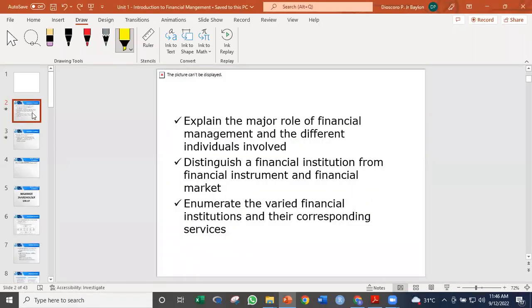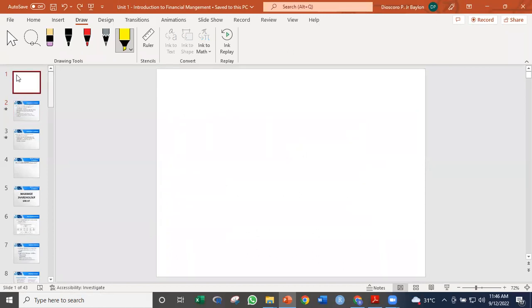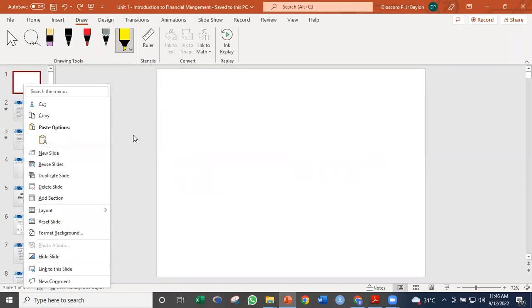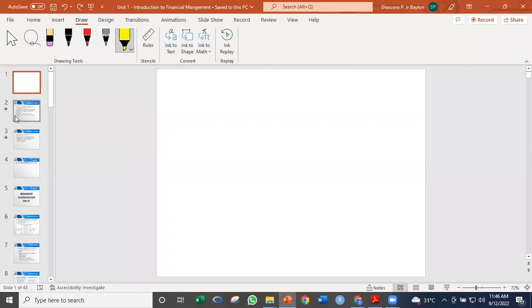Okay, sana hindi mag-hang. Minsan nag-hang kasi. Wala yung first slide.